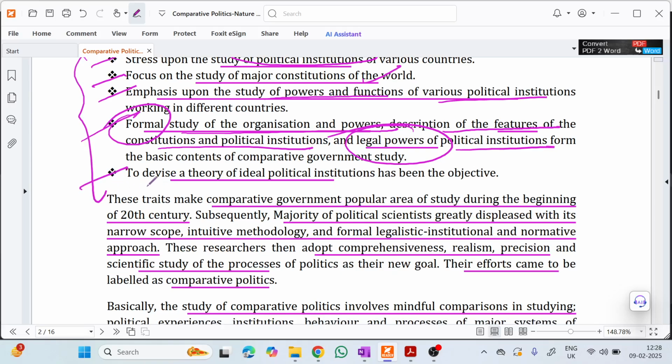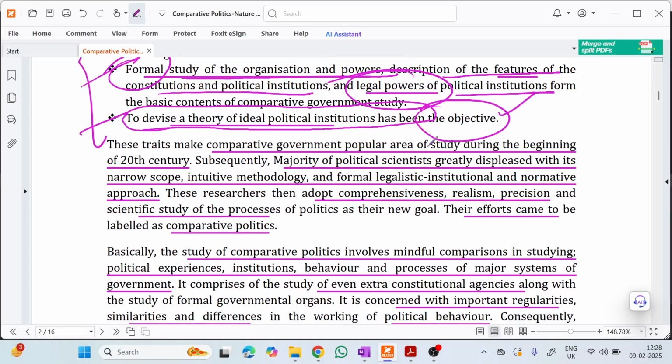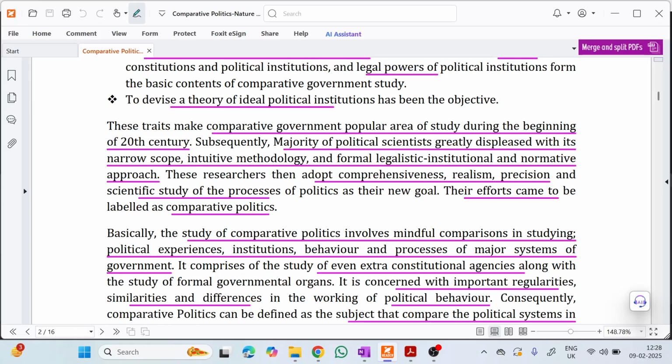And finally, it tries to devise a theory of ideal political institutions, which is also its objective. So these are the core features of comparative government, and these traits made comparative government a popular area of study during the beginning of the 20th century.